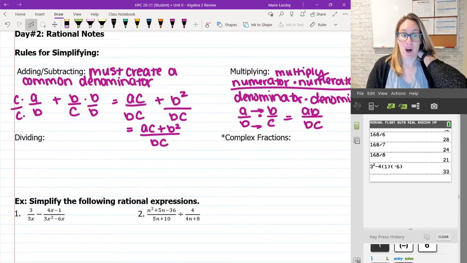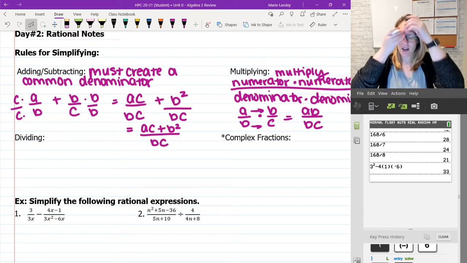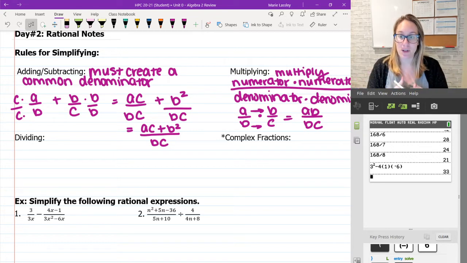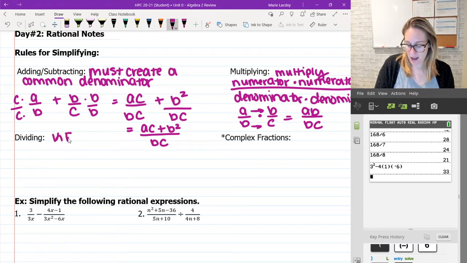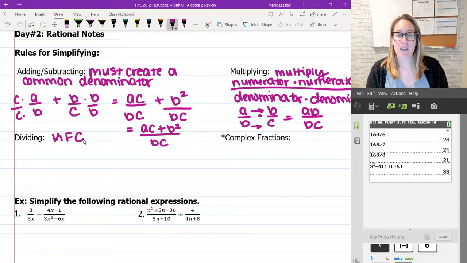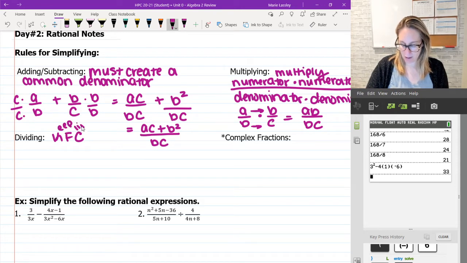The next one is dividing. This one is pretty similar to multiplying, but there is a step that you have to do before you can just multiply across, because eventually with dividing, you do get to just multiply across. So with dividing, you have to KFC first. You guys might not have heard this acronym before, but it stands for keep, flip, change.